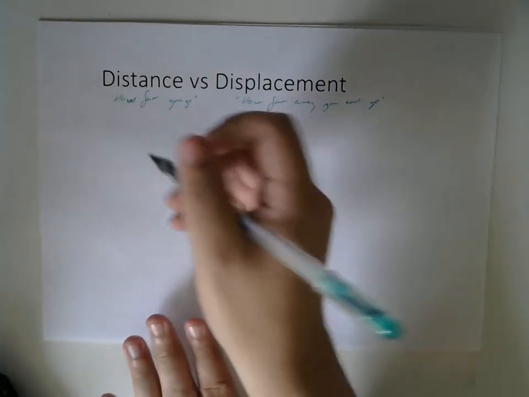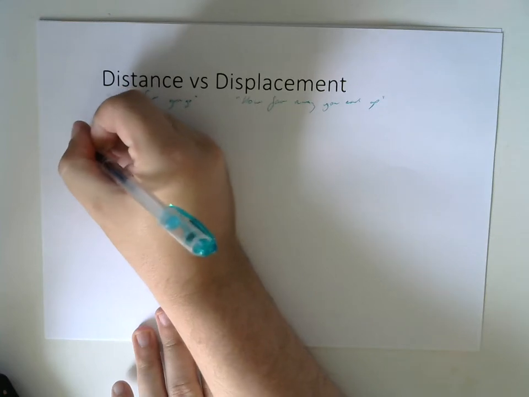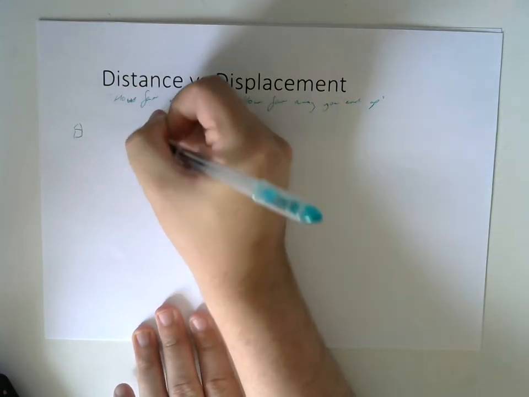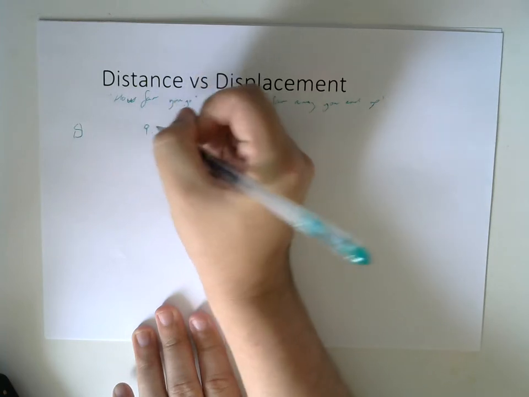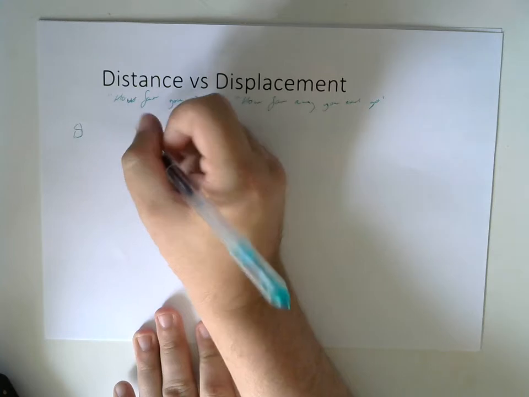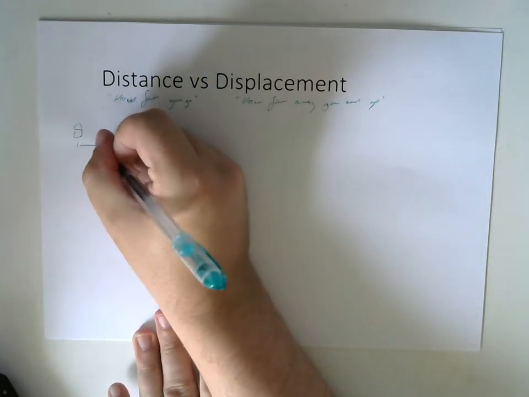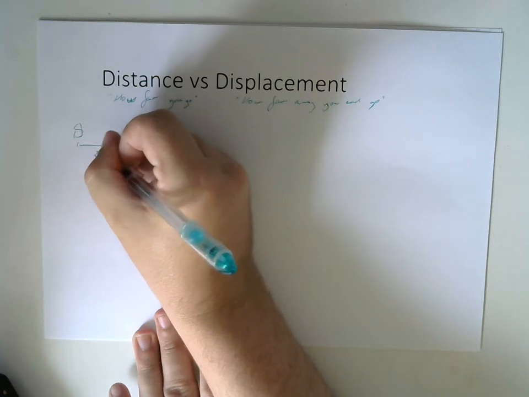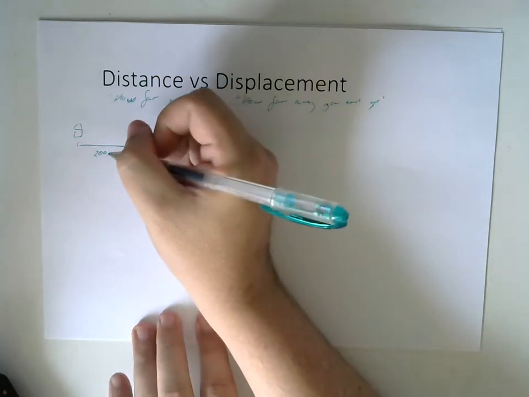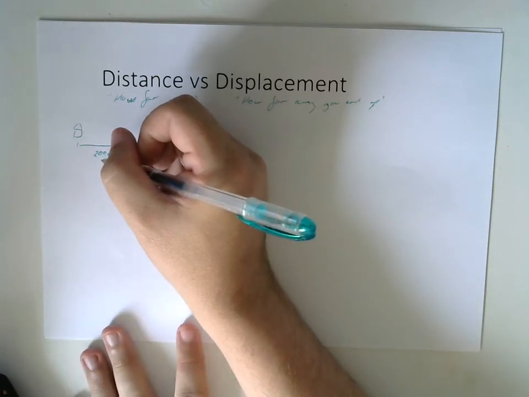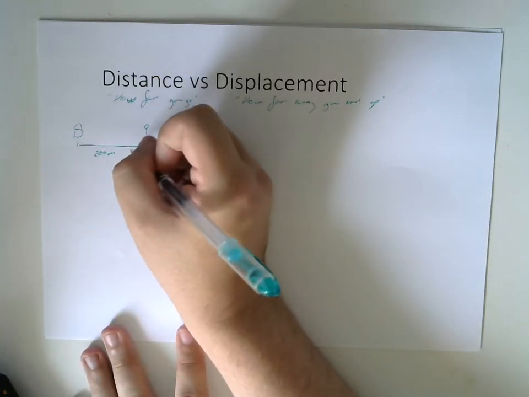Let's say you're walking from home, let's draw a little wonky house, to the bus stop. Draw a sign for the bus stop. So you're going to walk that far. Now, the distance from your home is 200 meters to the bus stop. If you were to walk from here to here, what distance have you covered?